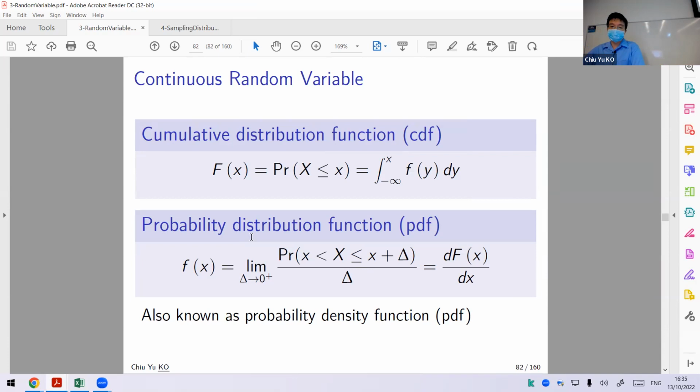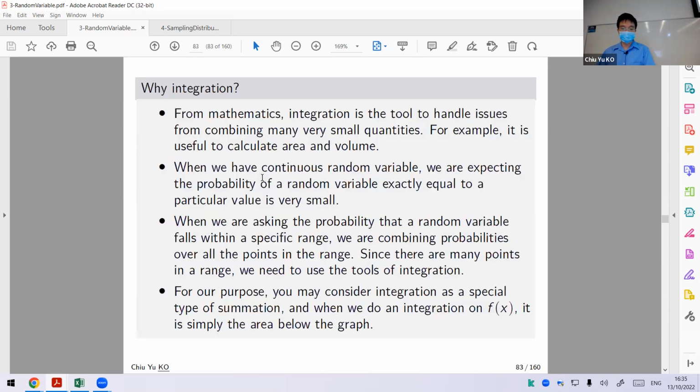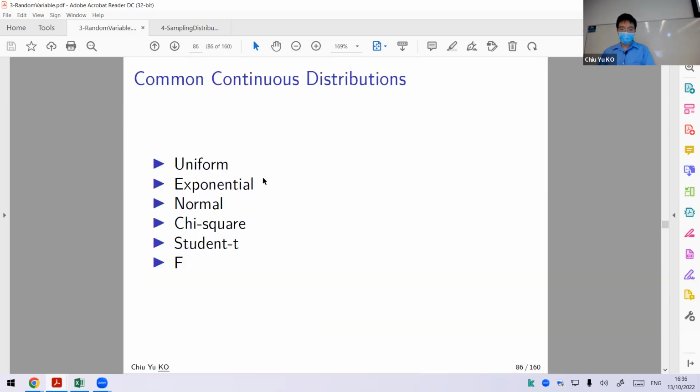You can't put anything other than 0, otherwise the probabilities would add up to more than 1. So it is only meaningful to talk about a range, an interval. We always ask the probability that X belongs to a certain interval, or otherwise it's not a meaningful statement for continuous random variables.